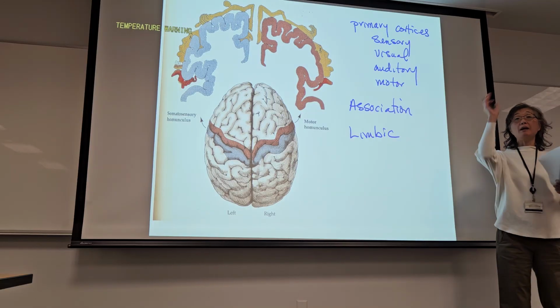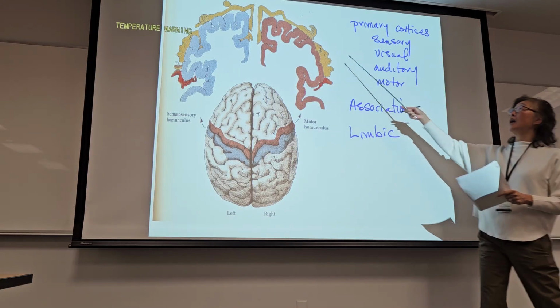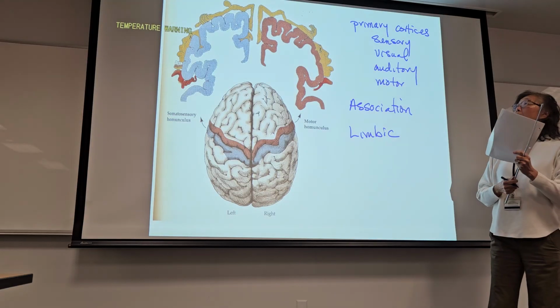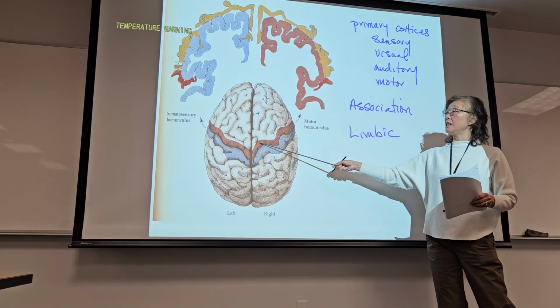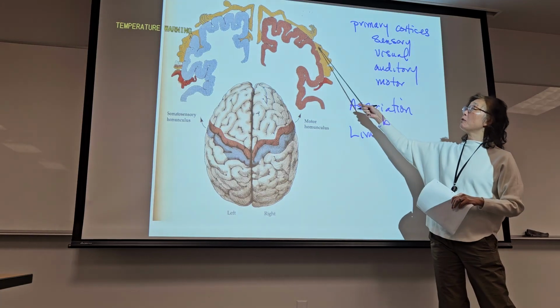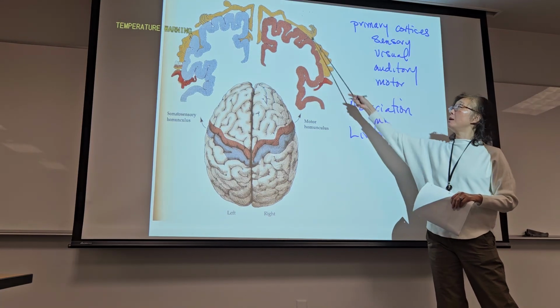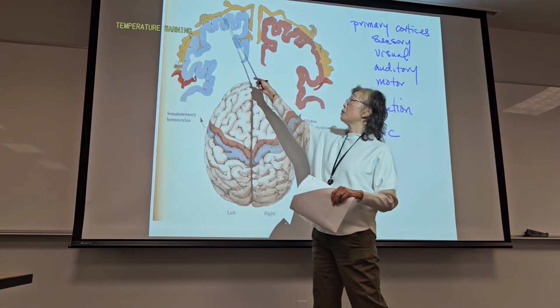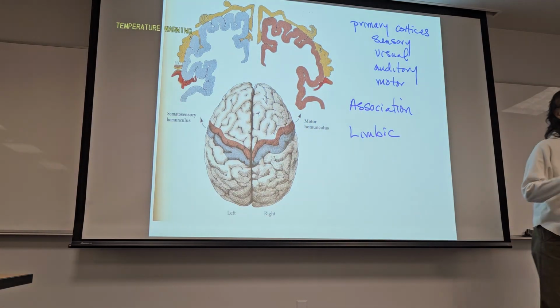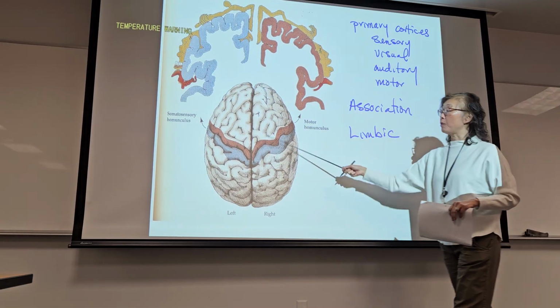Don't be shy. Okay. So a homunculus literally means little man. And so this is the little man that lives in either the motor or sensory cortex. So this is a representation. This is the motor homunculus, and this is the sensory homunculus. You can see your whole body is represented on this strip of brain.